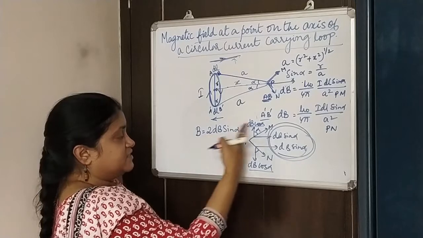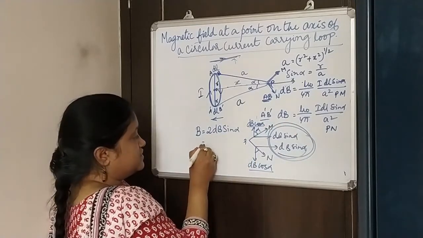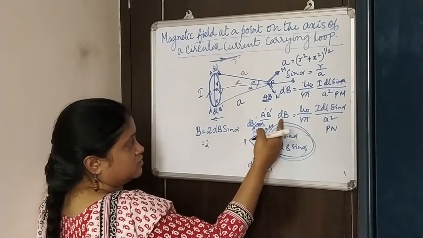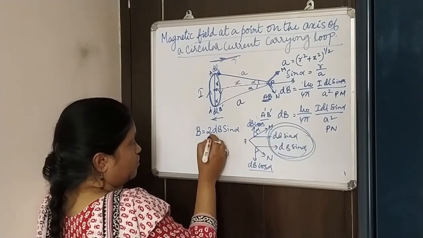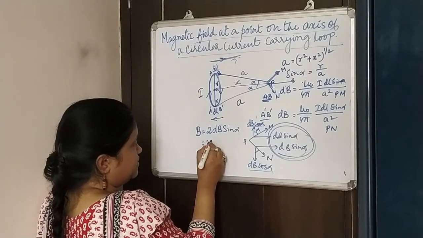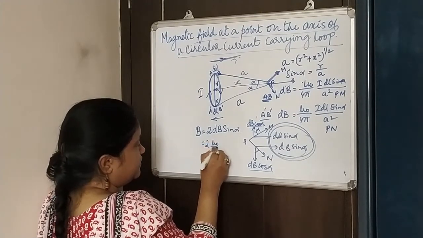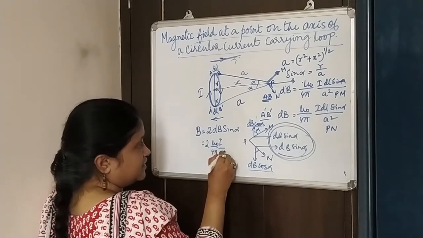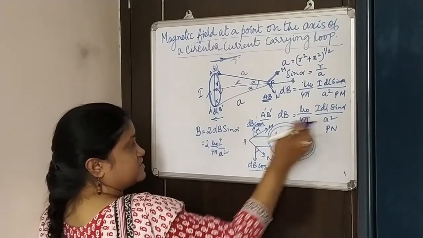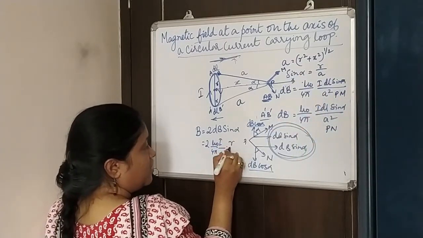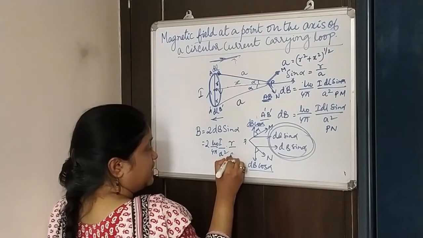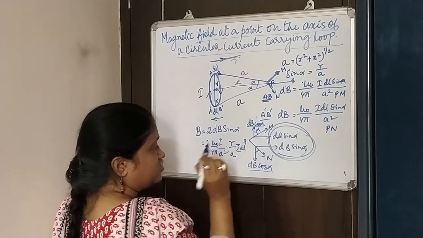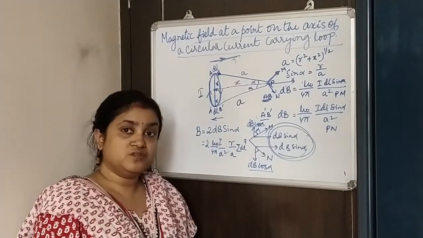Now I just substitute this. I can write it as 2 times the summation of mu naught by 4 pi I by A square. In the place of sin alpha I substitute R by A, and in the place of dl I take the summation of dl, because this is the summation of the whole thing.